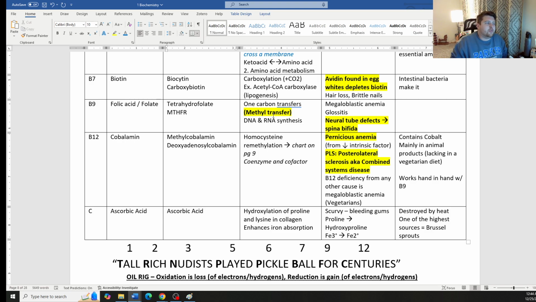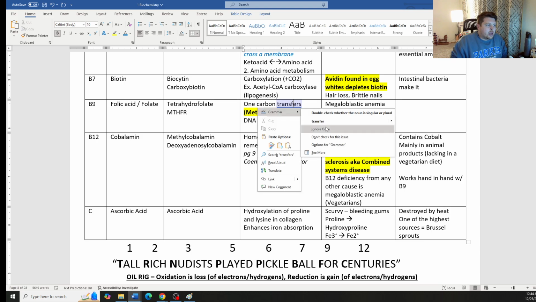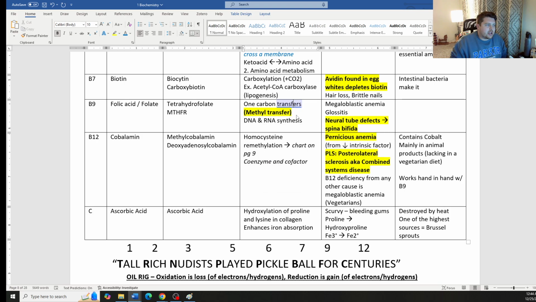It's responsible for 1 carbon transfers, or a methyl transfer. It helps with DNA and RNA synthesis. We have methyl transfer and methyl attachment within our DNA and RNA to help code and key a lot of different things.